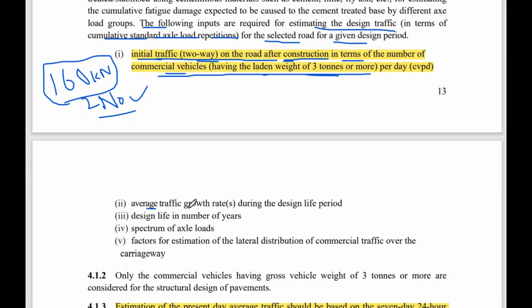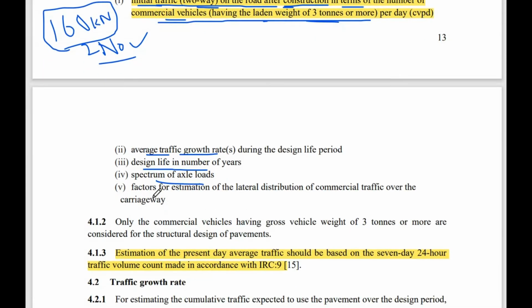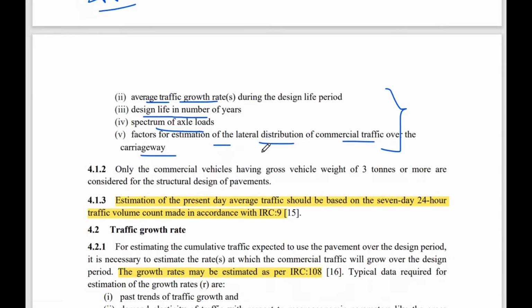Next, the average traffic growth. Next, the design life in number of years, spectrum of axle loads, and the factor for estimation of lateral distribution of commercial vehicles over the carriageway. So we will see all these things one by one.